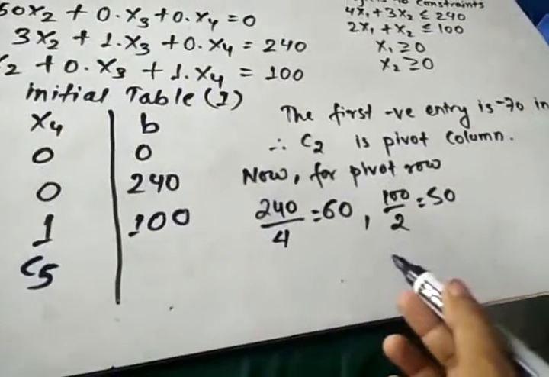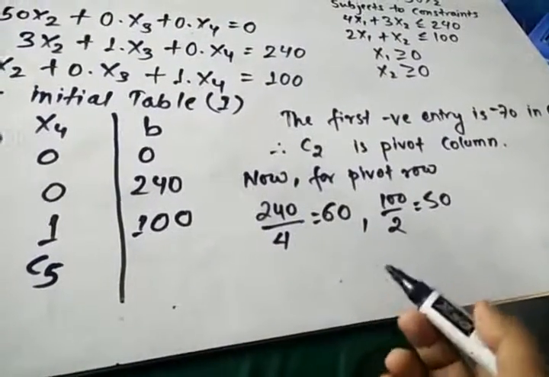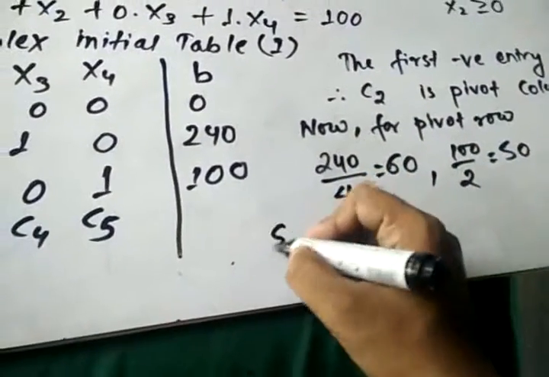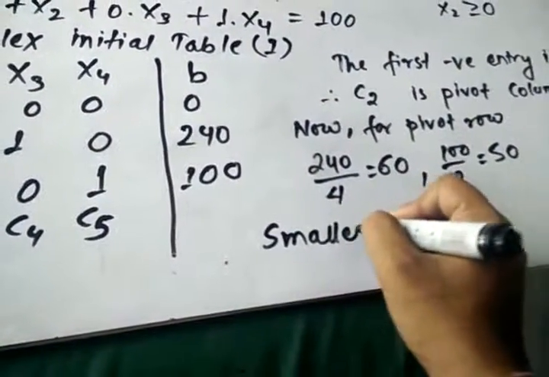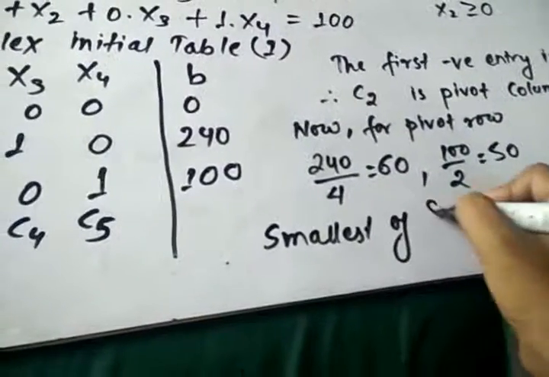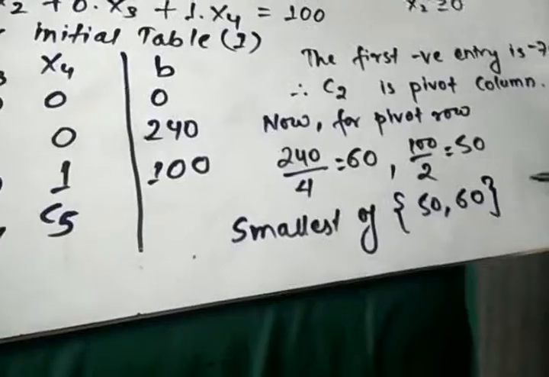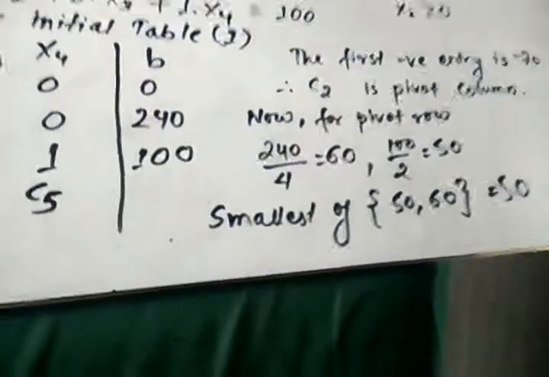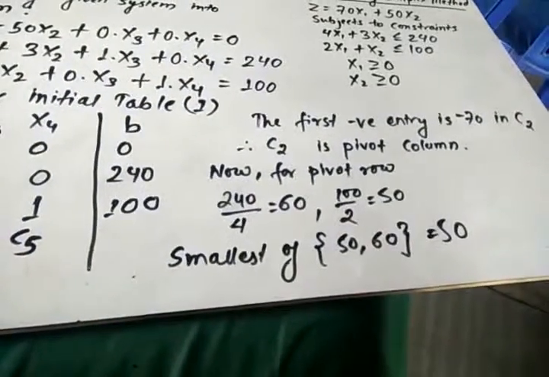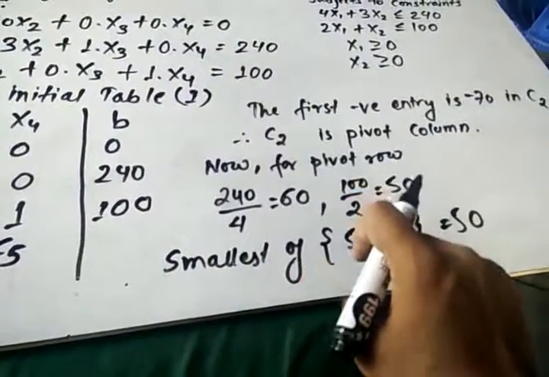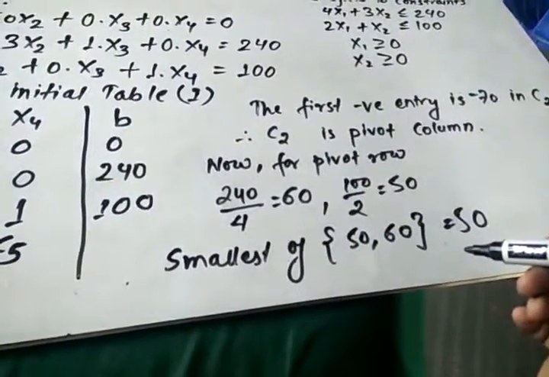Now we will compare these and find our pivot row, okay. Here the smallest of 50 and 60 equals 50. We have to see the smallest. 240 divided by 4 is 60, 100 divided by 2 is 50, so 50 is smallest.